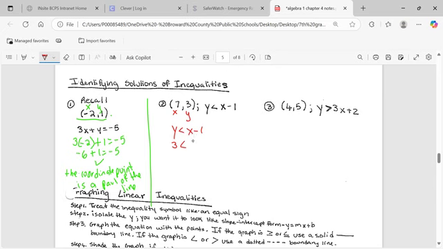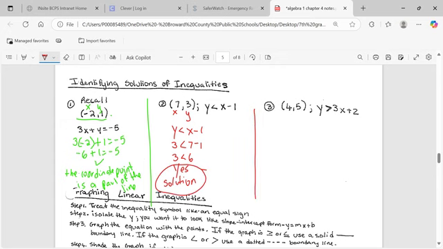It's less than x, which is 7, minus 1. So 3 should be less than 6. Well, is that true? Is 3 less than 6? The answer is yes. So then this coordinate would be a solution to the linear inequality.